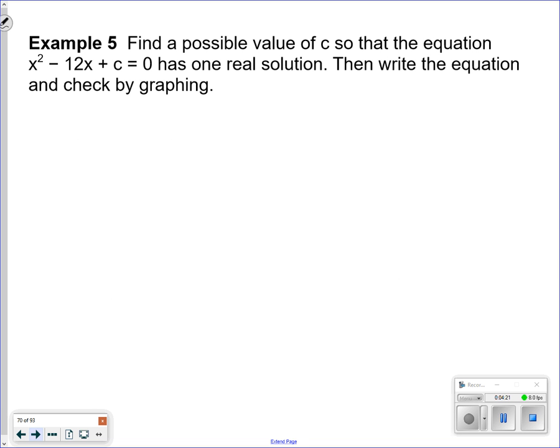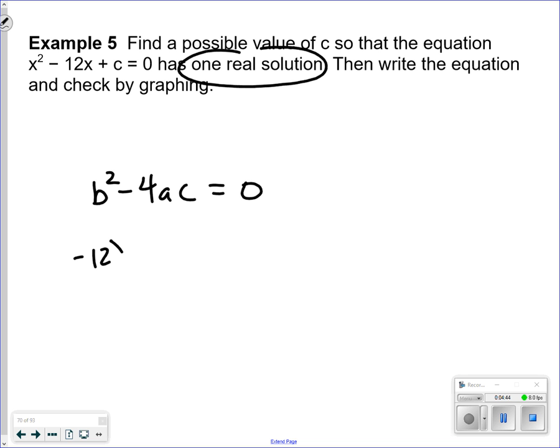Find the possible value of c so that the equation x squared minus 12x plus c equals 0 has one real solution. Then write the equation and check by graphing. So if I want to have c so that there's only one real solution, then the b squared minus 4ac needs to equal 0. Well, I know b, I know a.